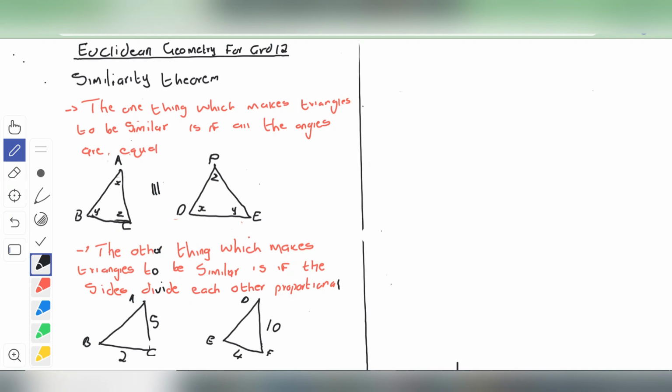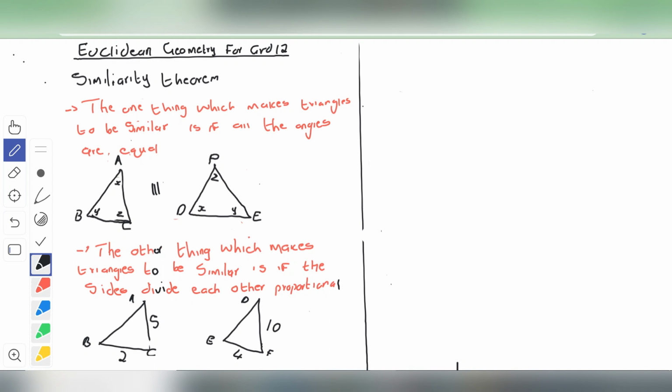Okay, check. From triangle ABC and triangle DEF, let's check the side BC. You see that the side BC is 2, right? Let's check the side EF, which we call the corresponding side. EF is equal to 4.